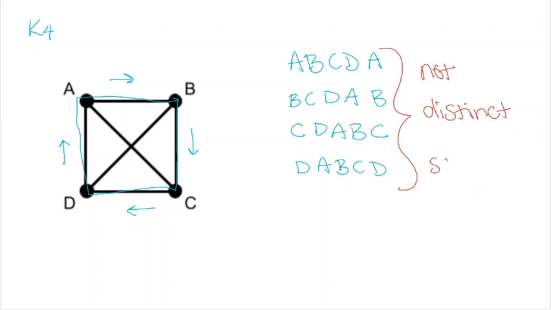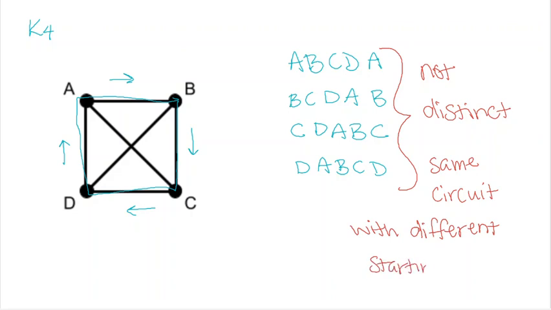They are technically the same circuit with a different starting point. So, on the previous slide, when we said that there are 6 distinct Hamilton circuits in K4, these are not distinct. These are all the same circuit.